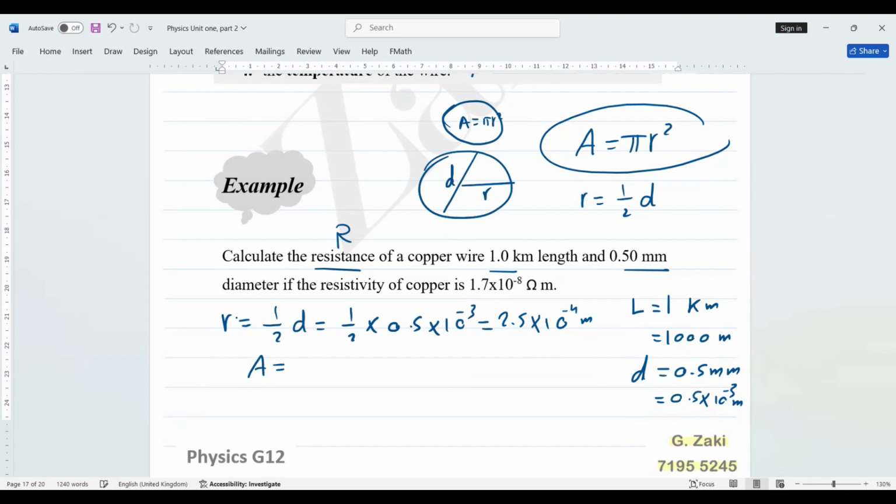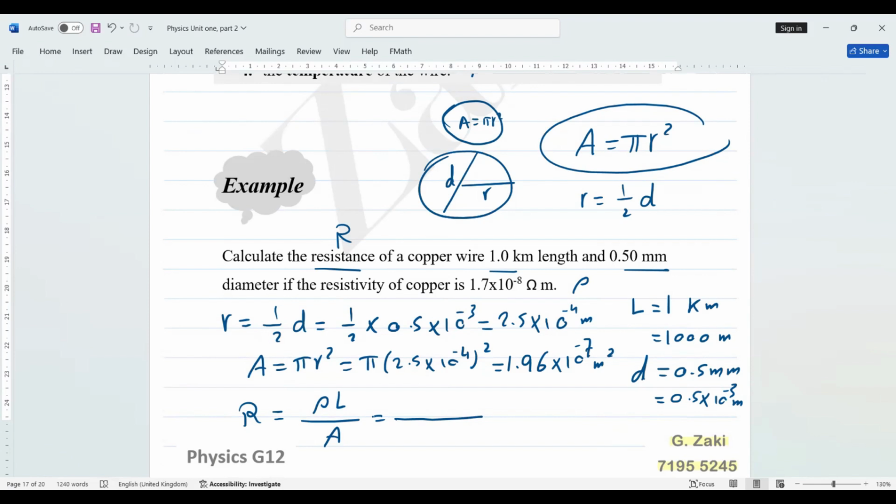We can calculate the area. It's pi r squared, pi times open bracket 2.5 times 10 to the power negative 4, all squared. So the answer, this is the area, equals 1.96 times 10 to the power negative 7 meter squared. Resistivity, this is rho. We need to get R. R equals what? Rho L over A. Rho is the resistivity, given as 1.7 times 10 to the power negative 8 ohm meter.